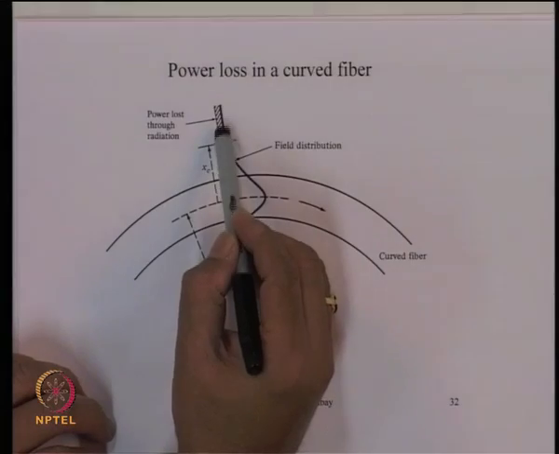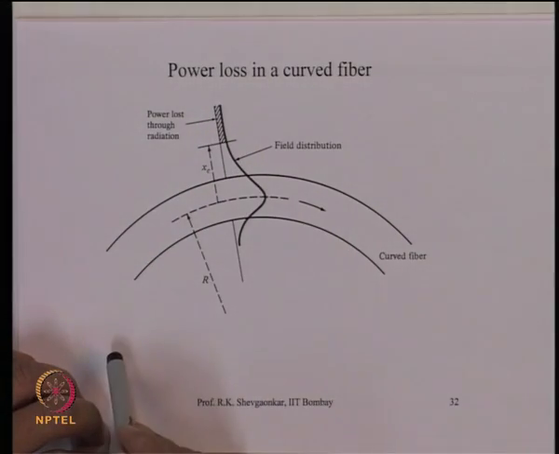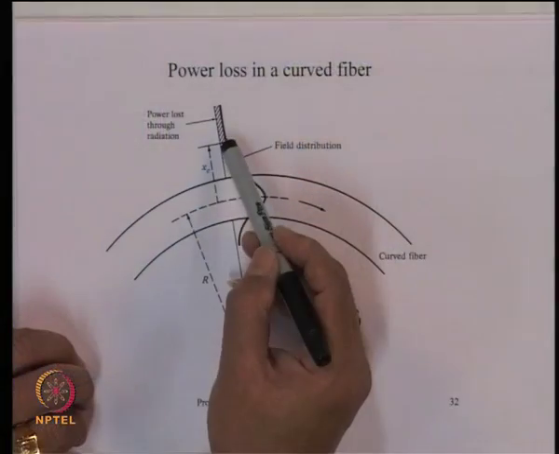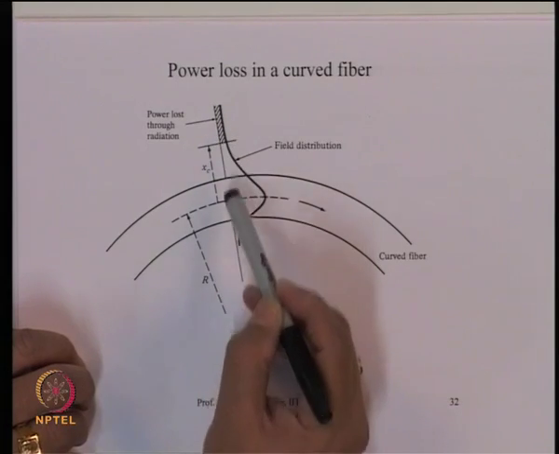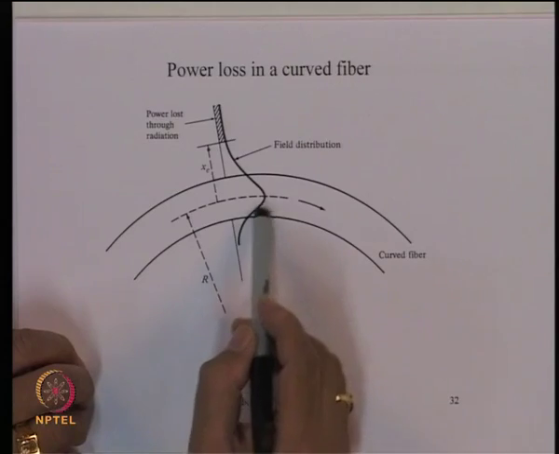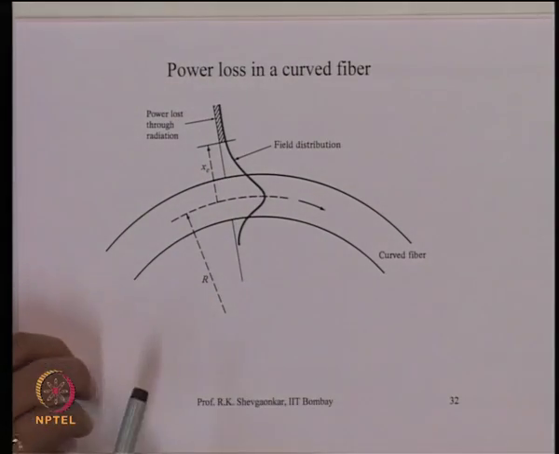Now, since this is the energy which is going to be radiated, the amount of energy which will get radiated will depend upon how close this distance is from the core, and secondly, how spread this field is inside the cladding.